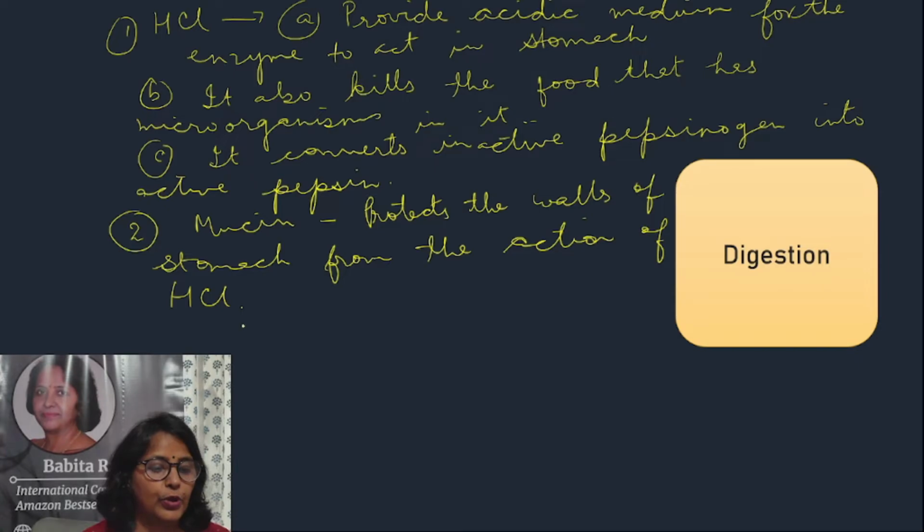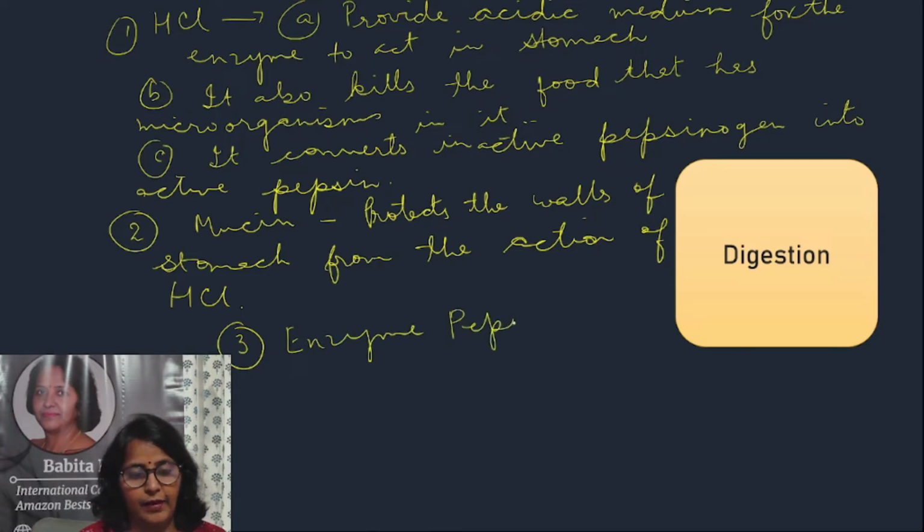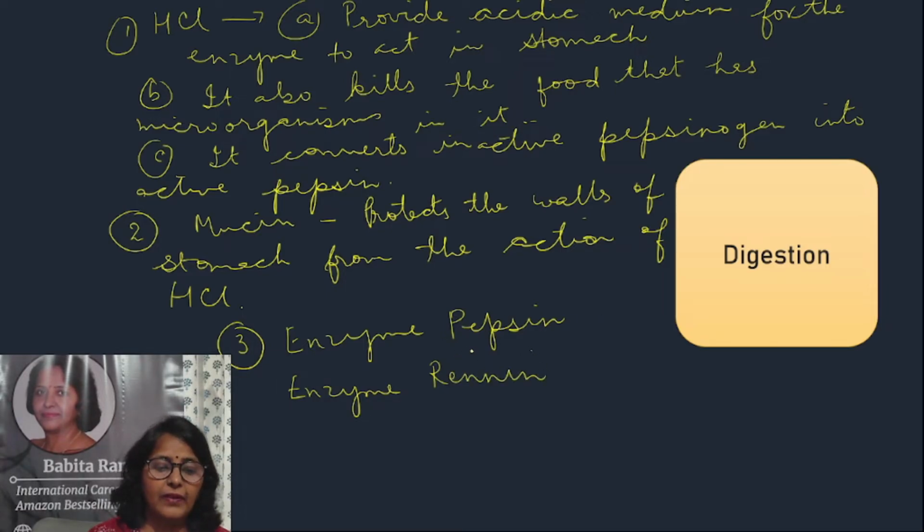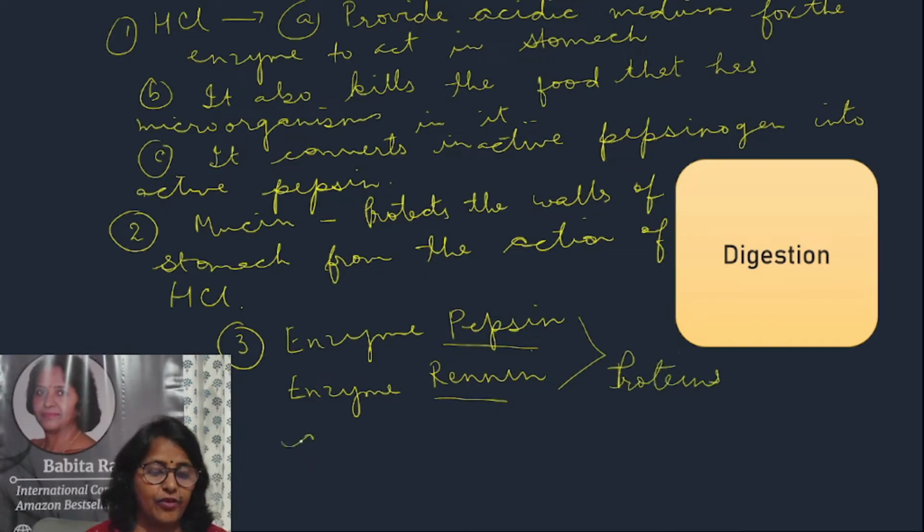And the third component that we are mainly concerned with here is the enzyme pepsin. There are 2 enzymes in the stomach. One is pepsin and the other is renin. But because these enzymes act on proteins, they are never present in their active form.